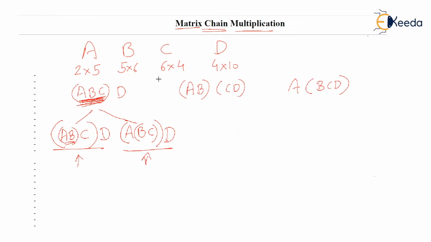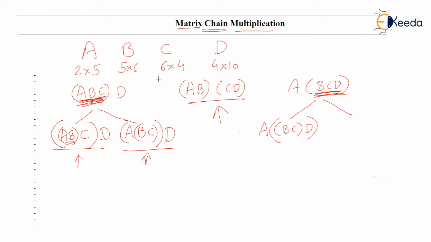Now there is only one way in which you can do this operation: AB first, then CD second, and then multiply AB with CD. It's not very difficult to understand that within BCD here, which I am now underlining, there are two ways. You can do this by saying first I will do BC and then the result will be multiplied with D. Again, we are emphasizing these parentheses which say that BCD will be done first.